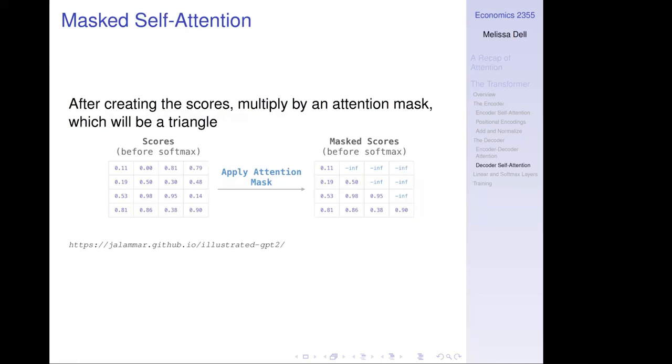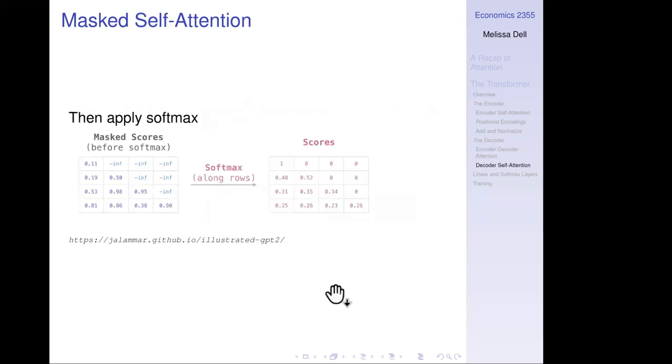And so we essentially multiply by 1 for everything that it's allowed to attend to, so itself and all previous words. And then we set the attention score for all future words to negative infinity or some very large negative number, right? And then we softmax that, which means the attention score for every future word in the sequence is going to be 0.